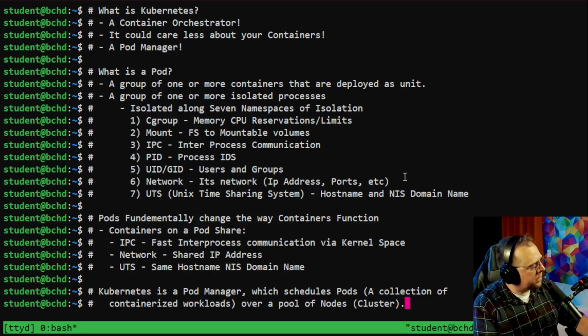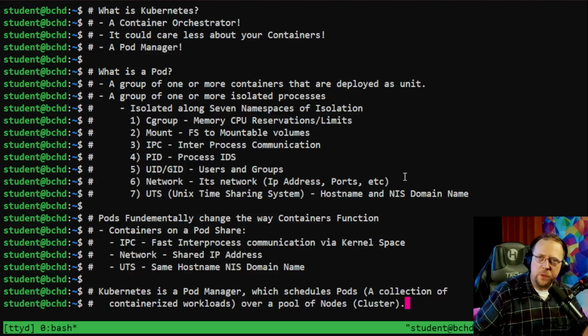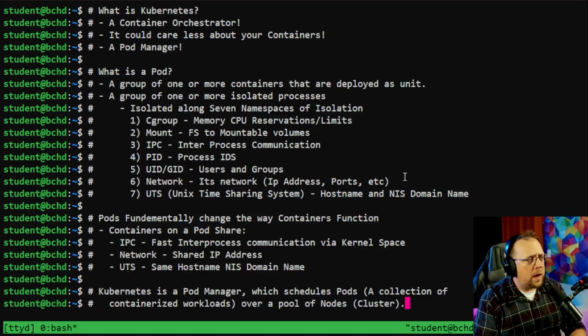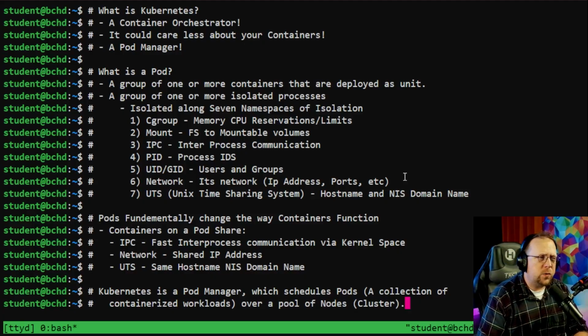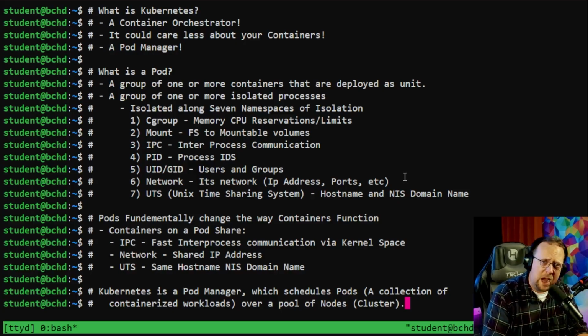That is what Kubernetes does. That is the full definition as to what is Kubernetes. Kubernetes is a container orchestrator. It manages pods over a pool of nodes. Neat. Go ahead and screenshot these notes, and we'll press on to our next big topic.